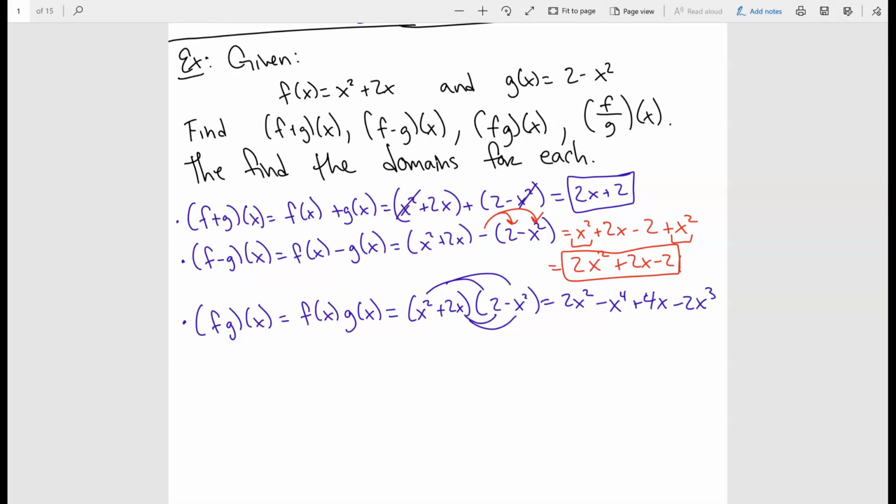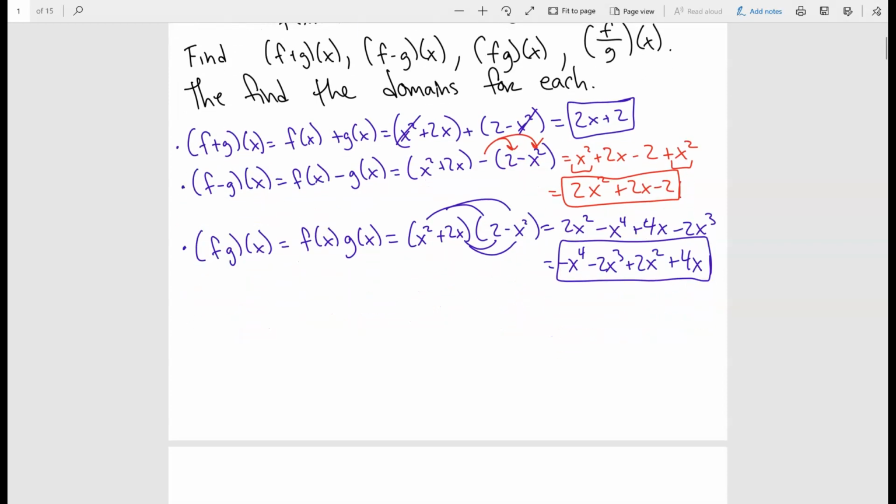The way that I like to write it is in order of decreasing exponents. So x to the fourth goes first, then the minus 2x cubed, then the positive 2x squared, and then the positive 4x.